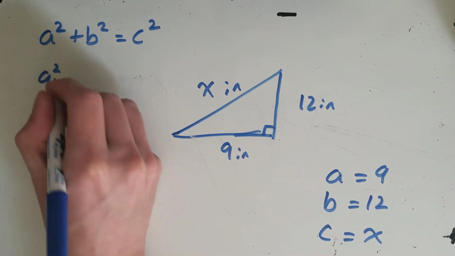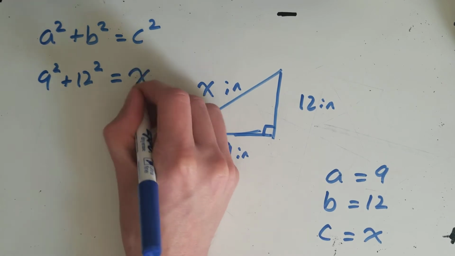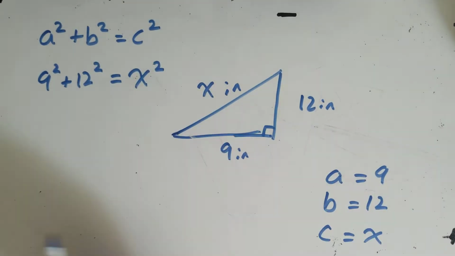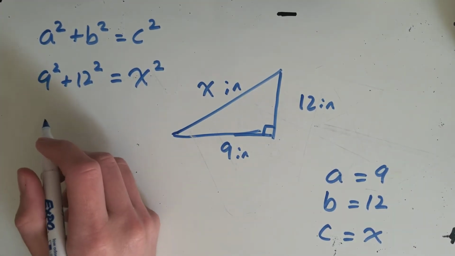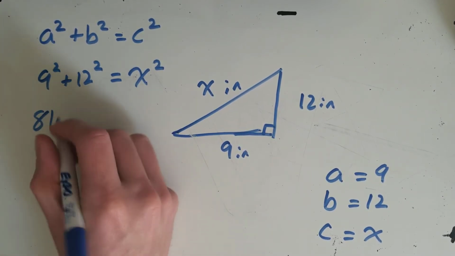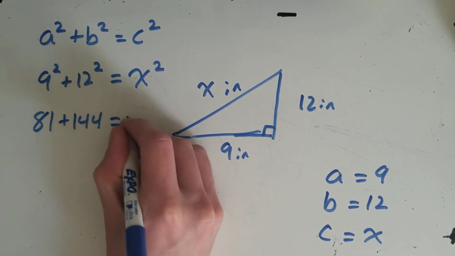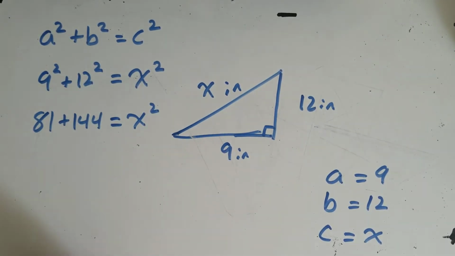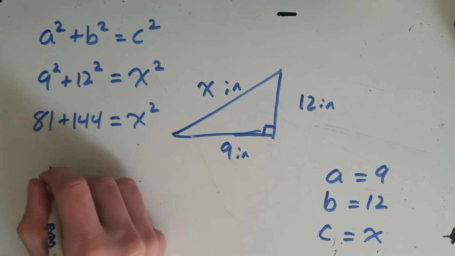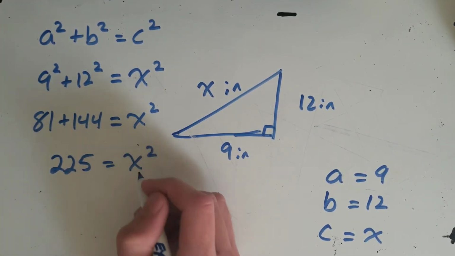9 squared plus 12 squared equals, well, we don't know what it is, it's X squared. It's good to know your perfect squares: 81 is 9 squared, plus 144, that's 12 squared, equals X squared. When you combine your like terms, you get 225 equals X squared.